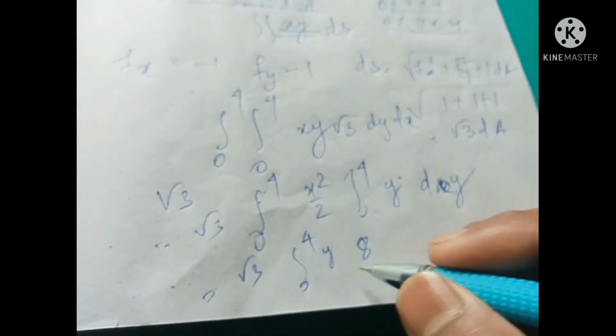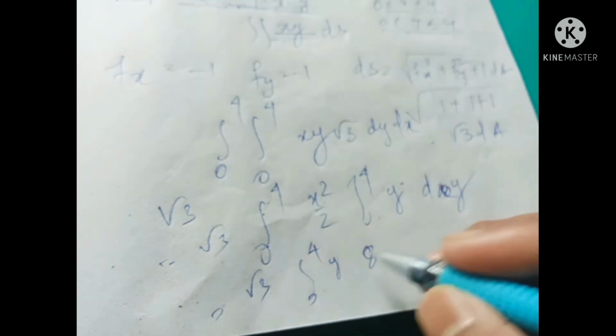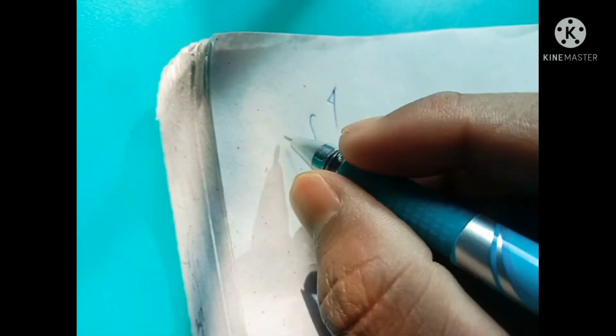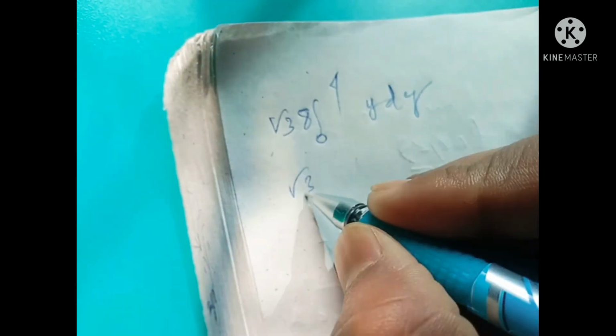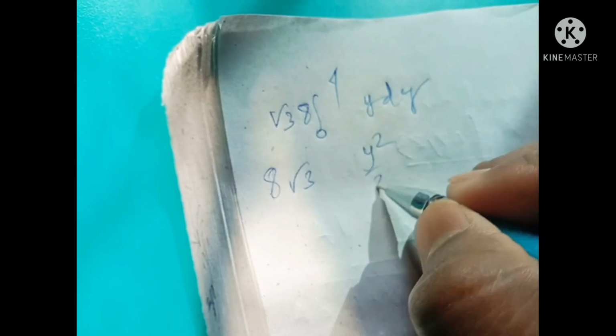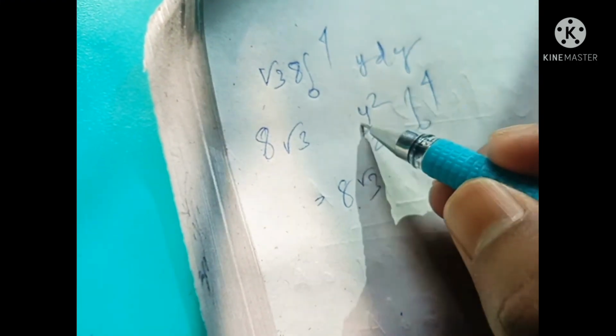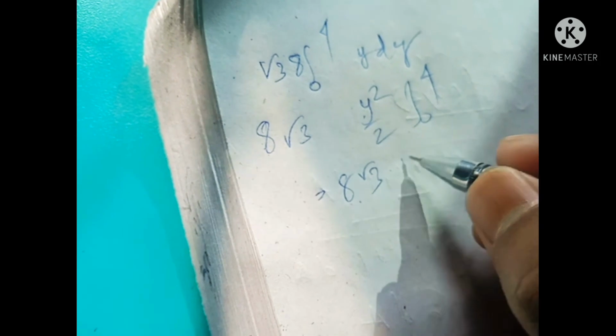Taking 8 outside, 8 root 3 y squared by 2 from 0 to 4, means 8 root 3 times 16 by 2, which is 8, minus 0. So 64 root 3 is your answer.